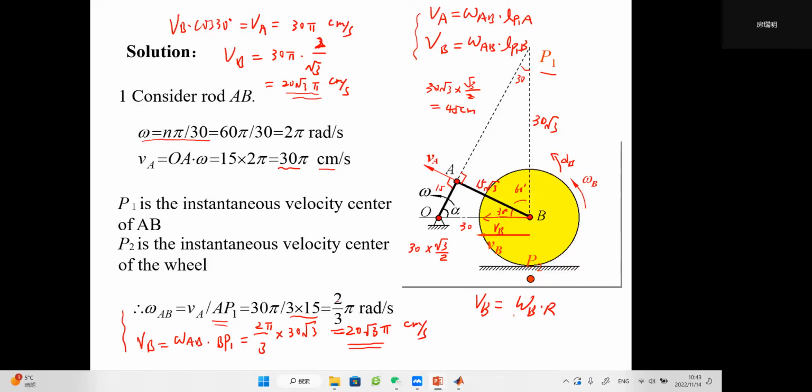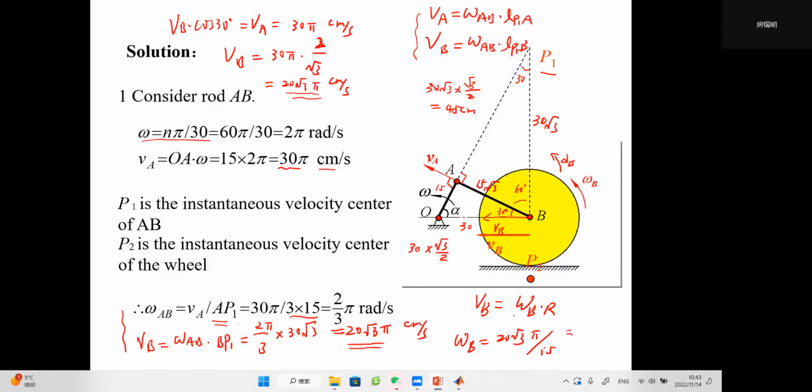So once again, because we know VB also equals omega B times R, because P2 also is the instantaneous velocity center of the wheel, right? So we will find omega B will equal VB over R. So we just use its result, 20 square root 3 pi, over R, which is 15 centimeters, right?